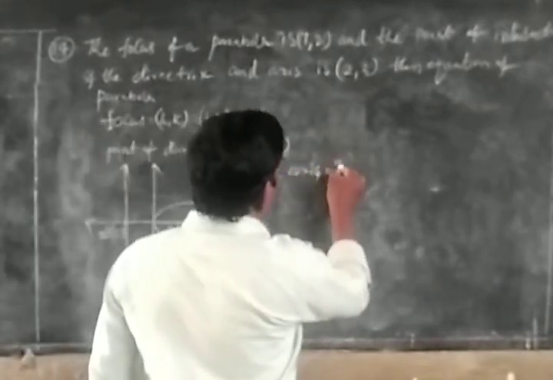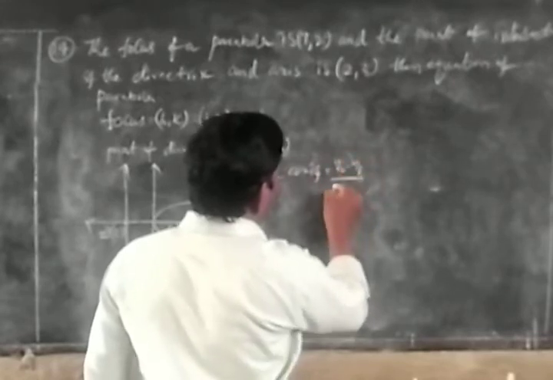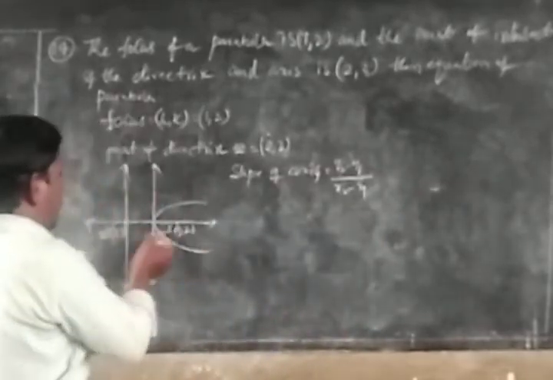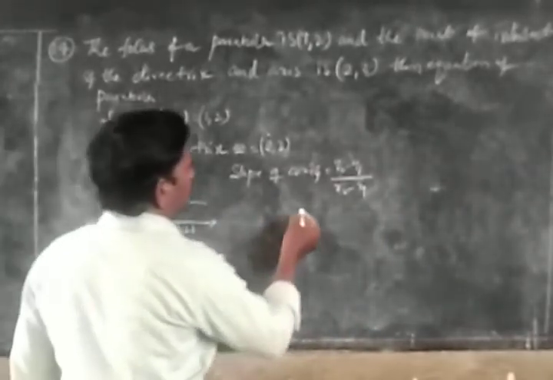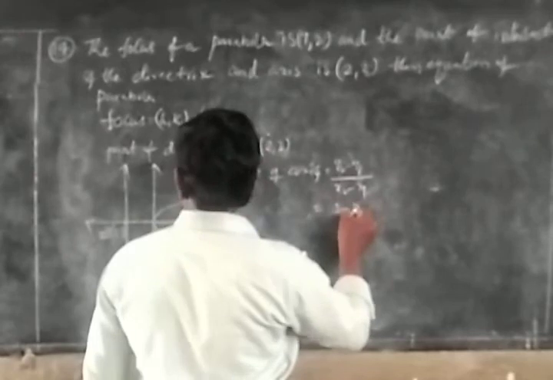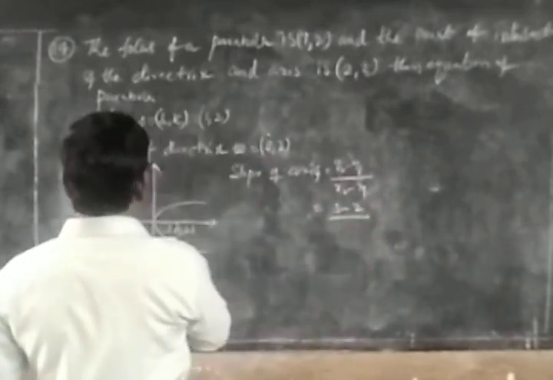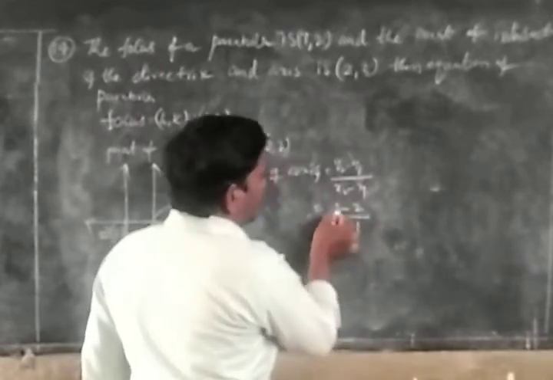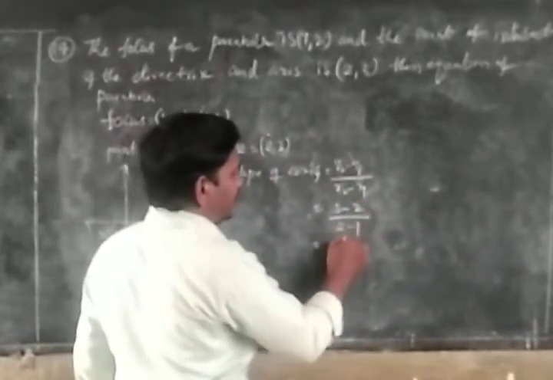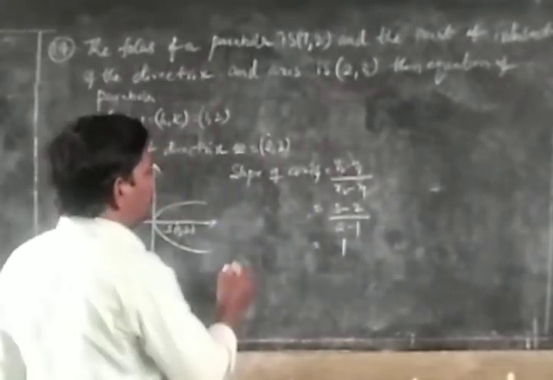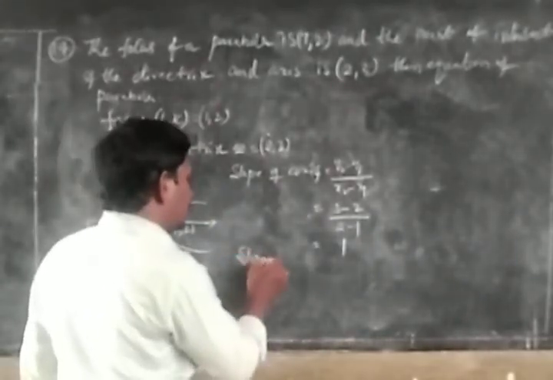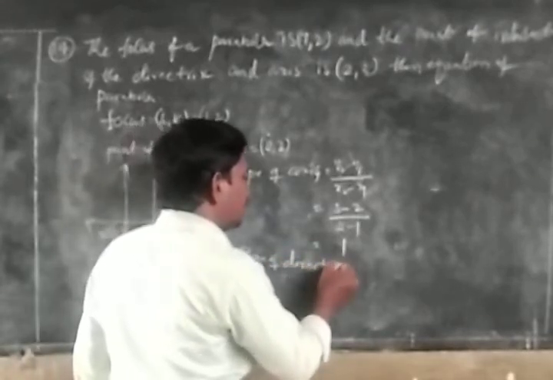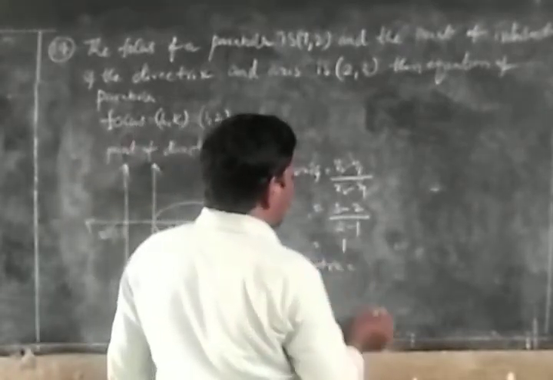Slope means (y2 minus y1) by (x2 minus x1). That is (3 minus 2) by (2 minus 1), that means 1 by 1, which is 1. So the slope of the axis is 1. Now the slope of the directrix is minus 1.